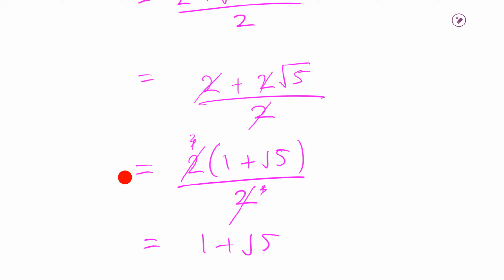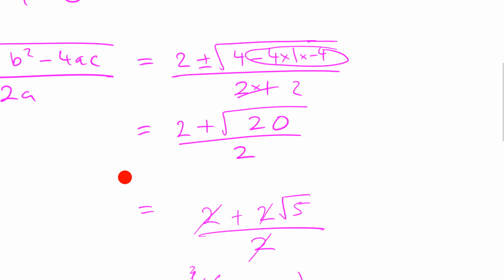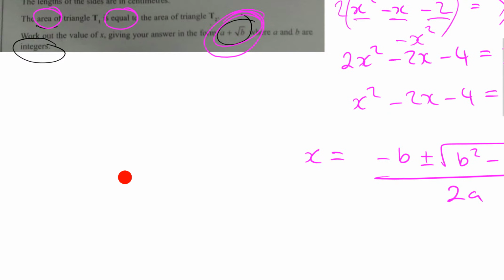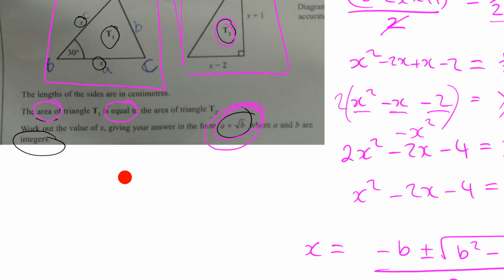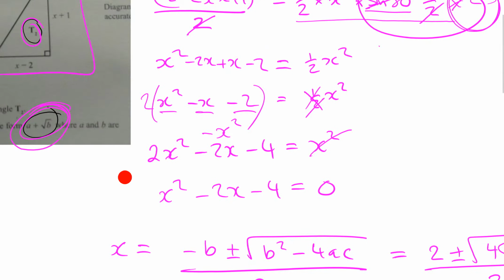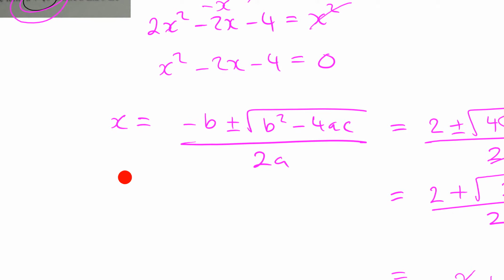So 1 plus root 5 is the answer. And you know that's the answer because we want it in the form a plus root b, and a and b are whole numbers: 1 and 5. That's cool. That was a nice bit of practice, and all sorts of stuff there.